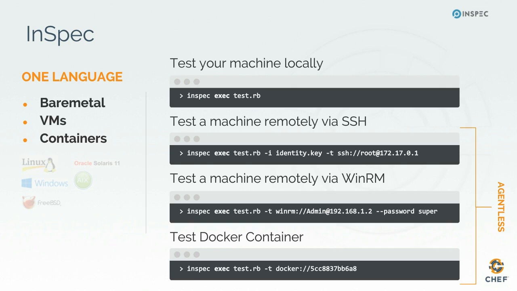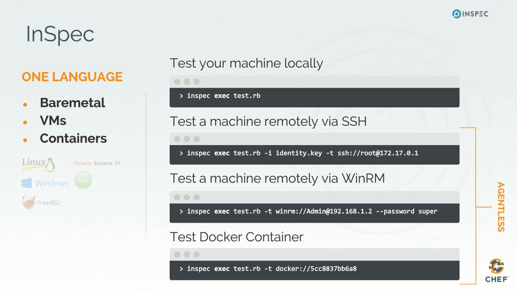But I can also test machines using SSH. So I can provide the key and credentials to my inspec exec command. And it will connect agentlessly to the system. It will use SSH to connect to the remote system. It will perform the tests, the controls that you've expressed in test.rb, and it'll come back with the result.